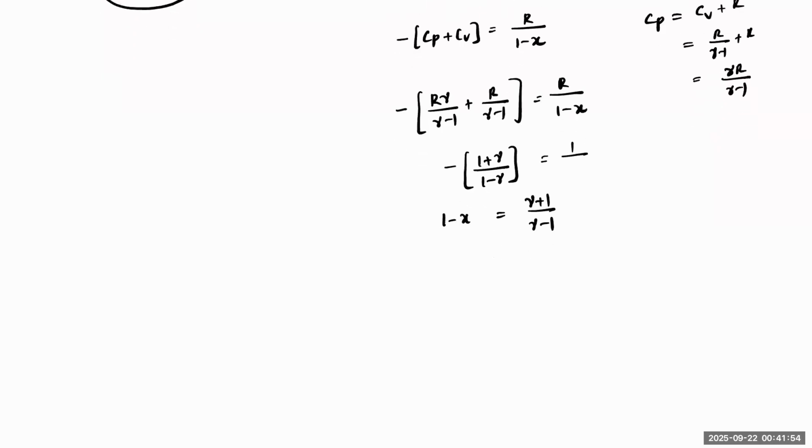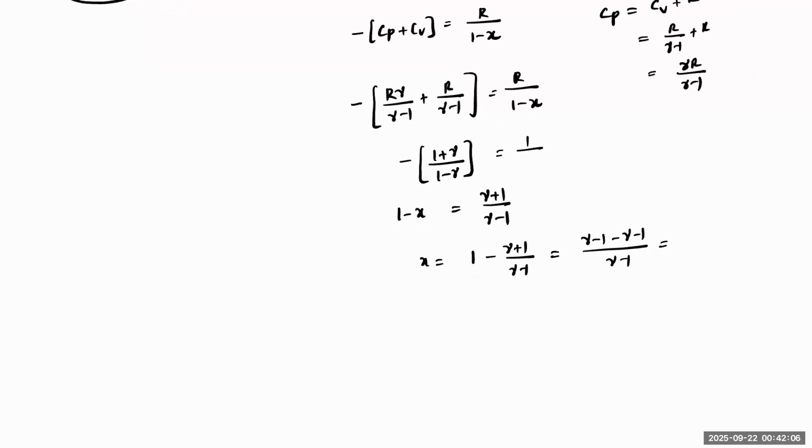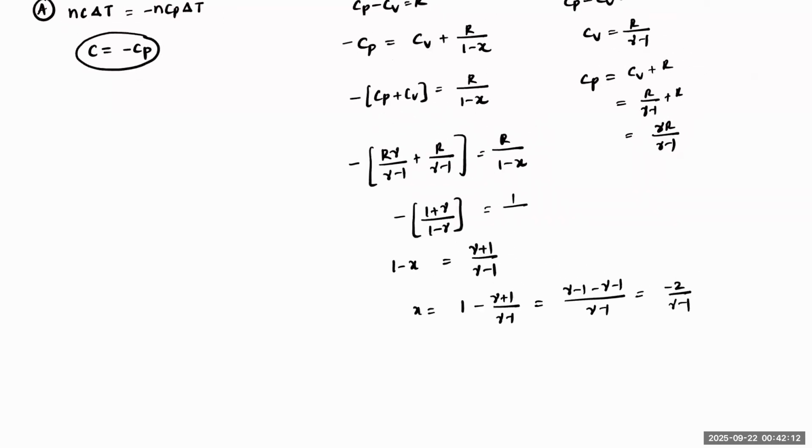Okay. So from here, X can be written as 1 minus gamma plus 1 by gamma minus 1. So gamma minus 1 minus gamma minus 1 by gamma minus 1. So that makes it gamma will get cancelled. So minus 2 by gamma minus 1. Clear? Minus 2 by gamma minus 1.